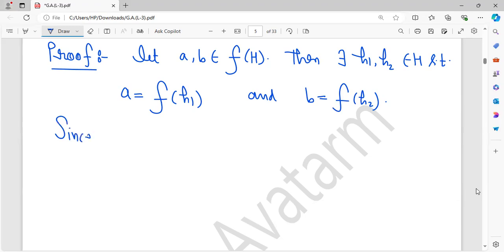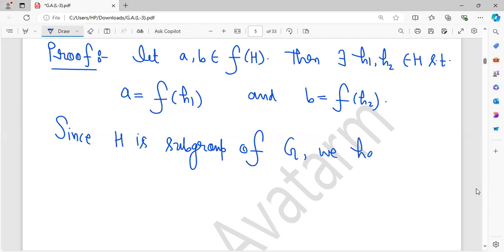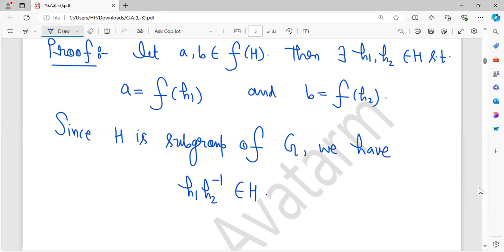Since H is a subgroup of G, we have h1 h2 inverse belongs to H.